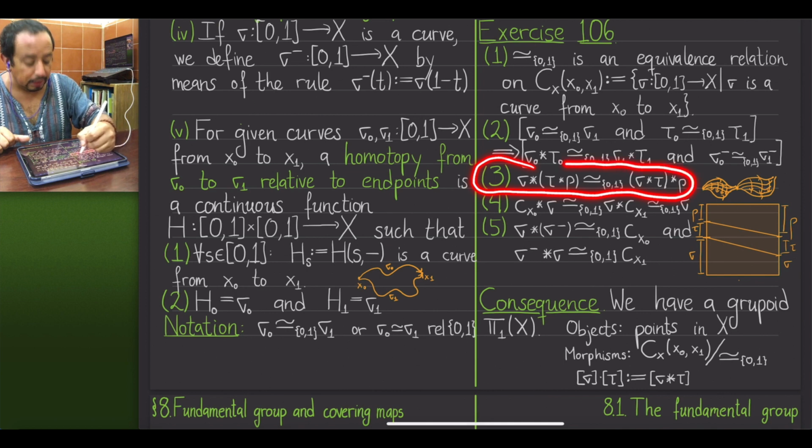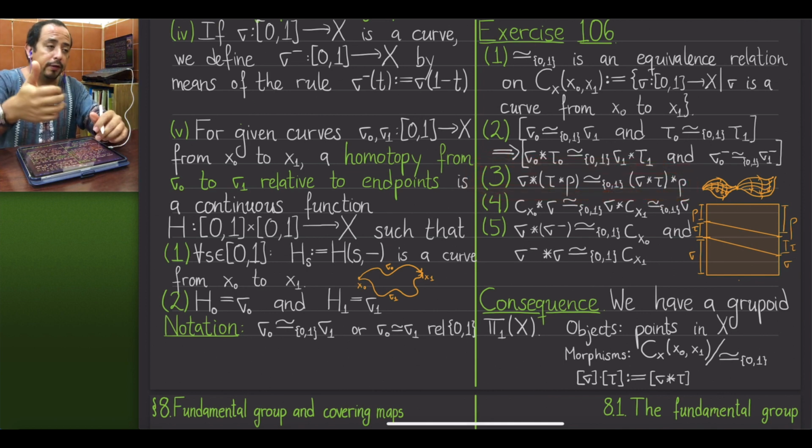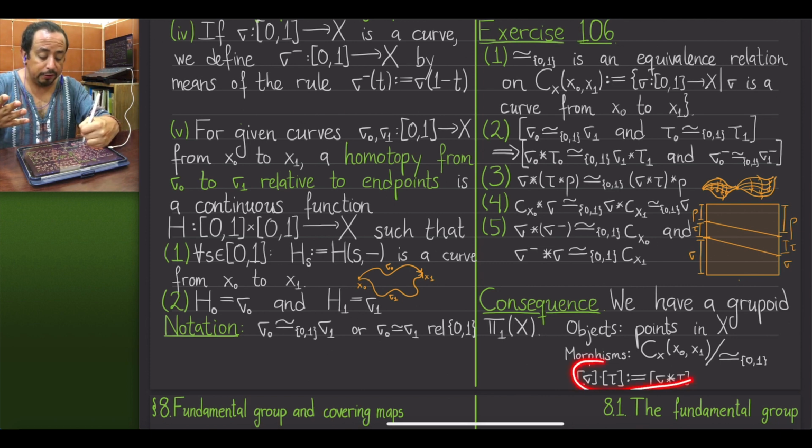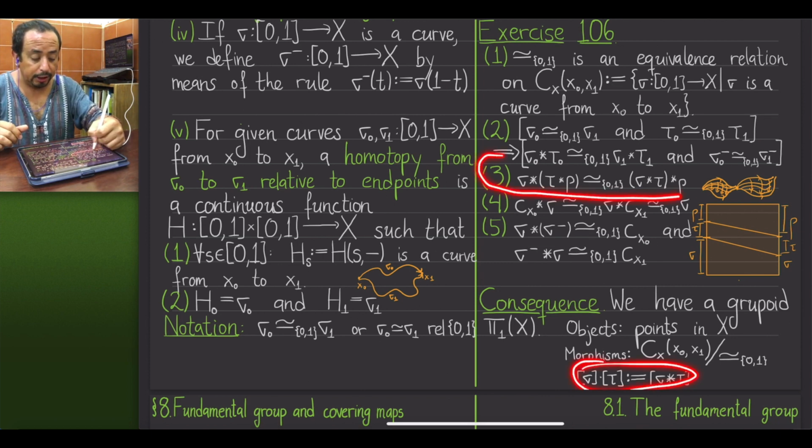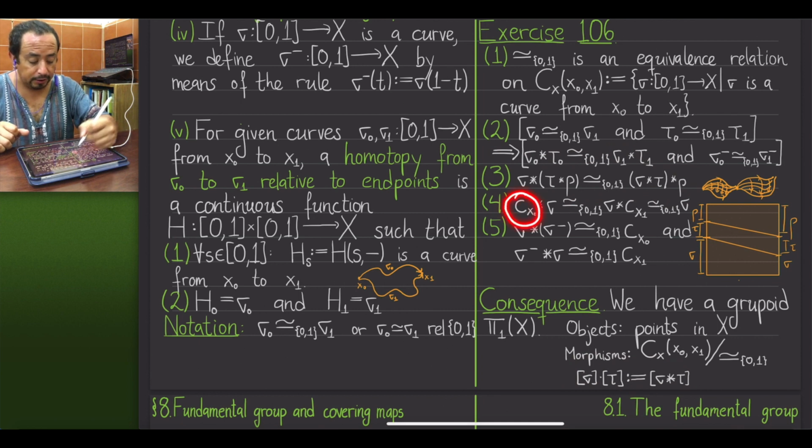I mean, not that it is a category, but that this composition is associative comes from 3. Existence of identities for each object comes from 4, and so on. The fact that every class is invertible comes from 5.